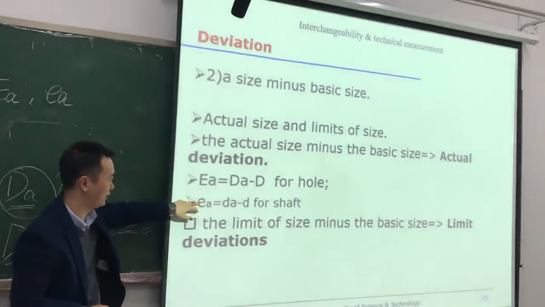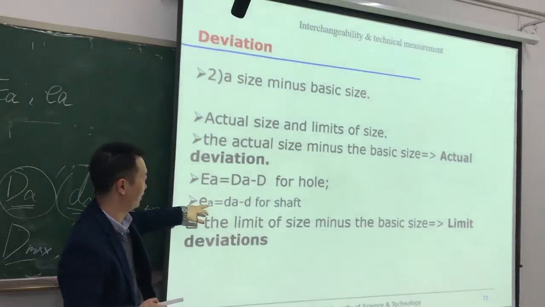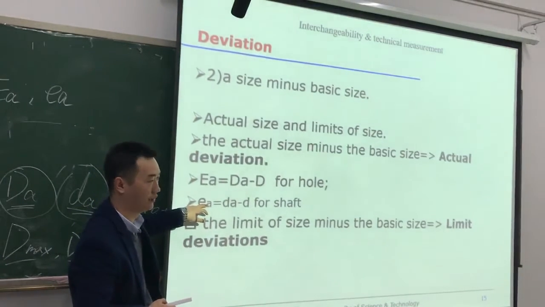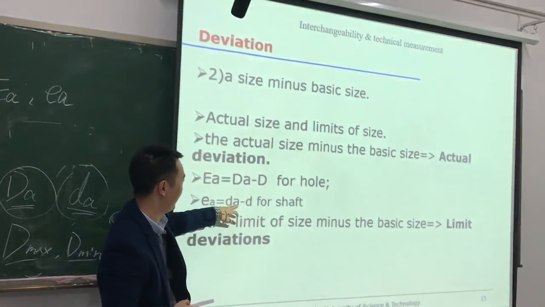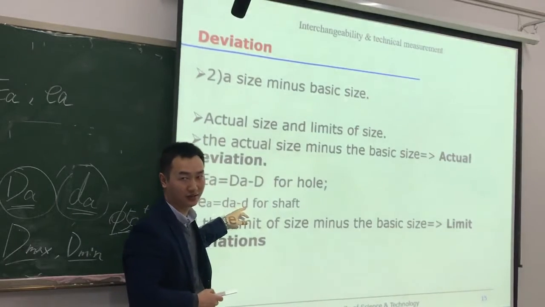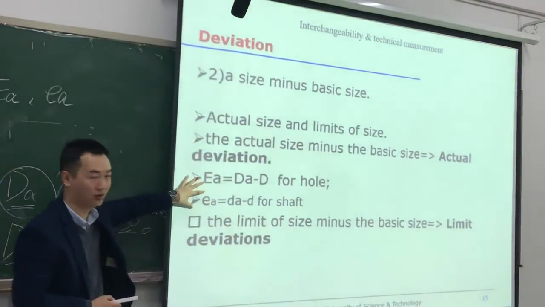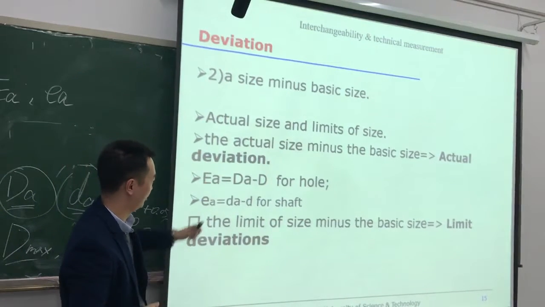The lowercase ea means the actual deviation of the shaft. It equals the actual size of the shaft minus its basic size. Okay, I know there are many notations, and I hope you don't get confused.